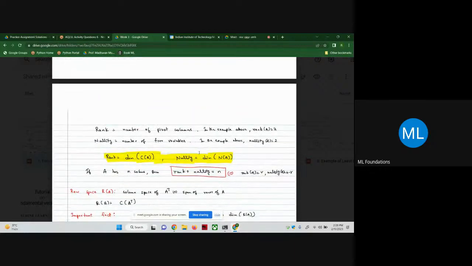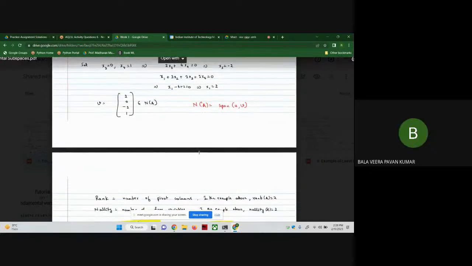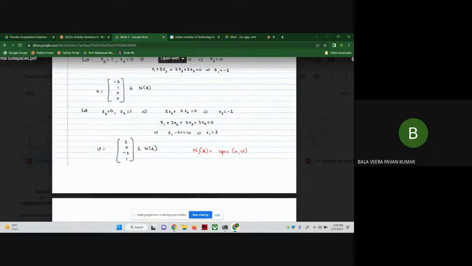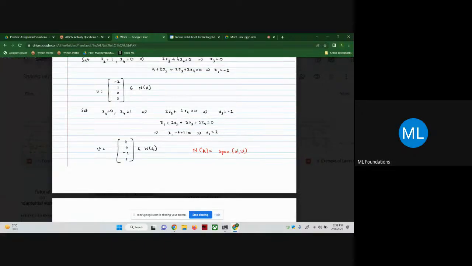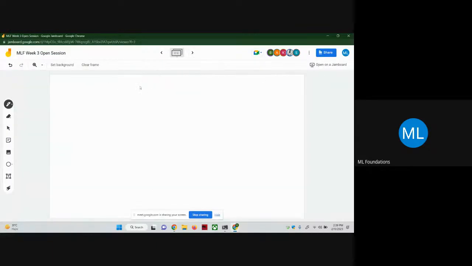Student: Sir, could you give some focus on this span? Like here you have these two vectors, u and v. Suppose the null space of A is equal to the span of u comma v.